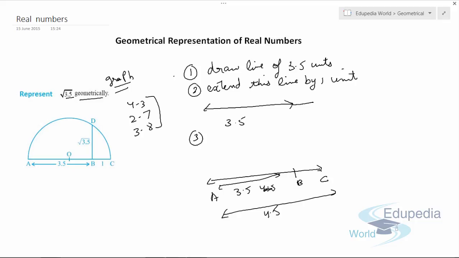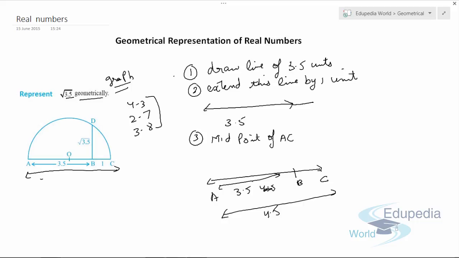Now what we have to do is take the midpoint of AC. How can we take it? We can take it with a compass.